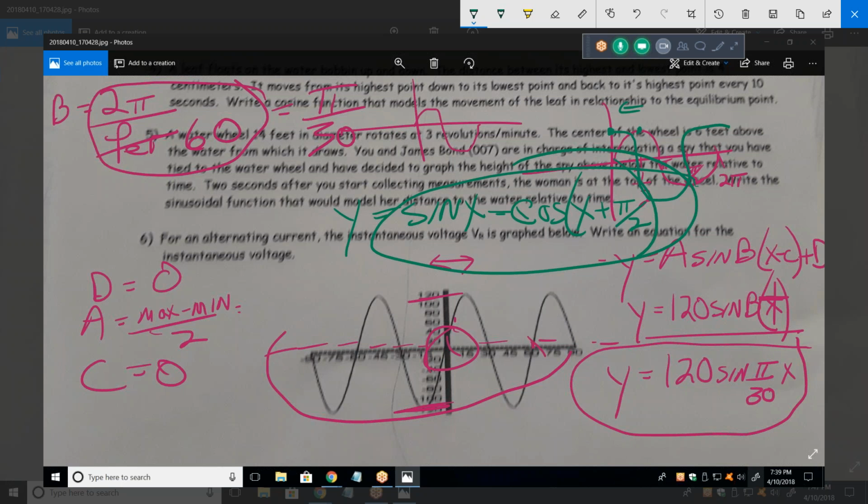In other words, every curve is a sine curve. You could call every curve a cosine curve, but the only difference between them is one is phase shifted over the other one. The cosine curve is phase shifted by pi over 2 to the left. Always. As opposed to the sine curve. So the answer to 6 is that.